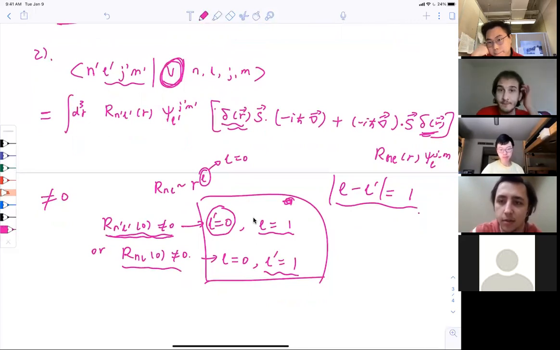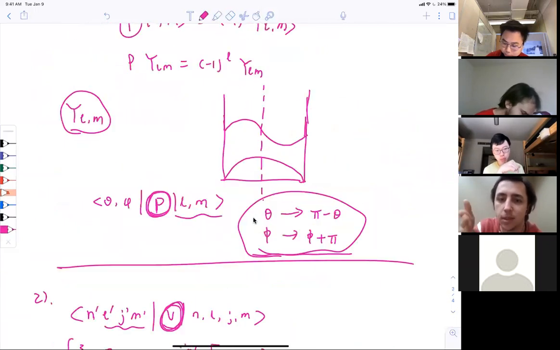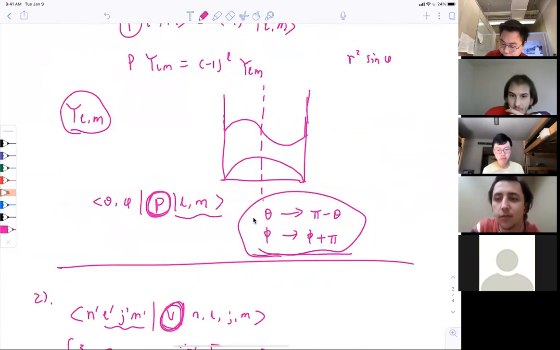For example, if I have R squared times sine of phi or something like that, R squared is an even function, but sine phi is an odd function. So at the end of the day, the entire thing is an odd function.